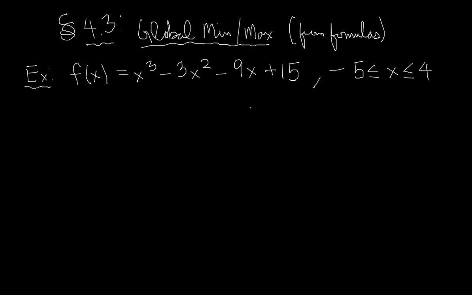And if you've seen the video on the graphs, you know that global mins and maxes are only guaranteed to make sense as long as you're talking about a closed interval. So right here you see we've restricted ourselves only to x values between -5 and 4, including -5 and 4.